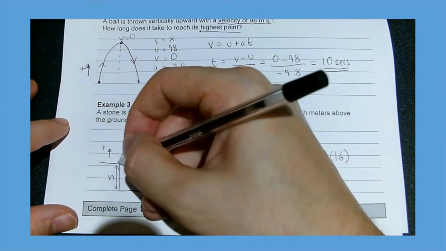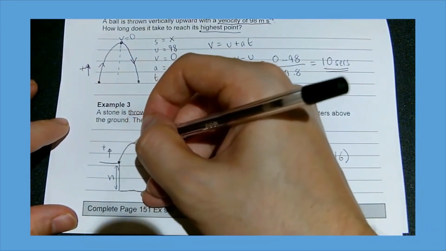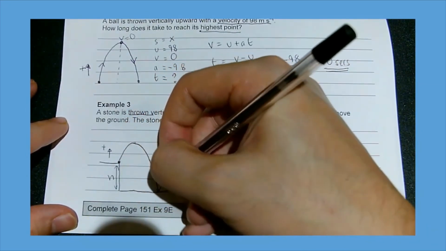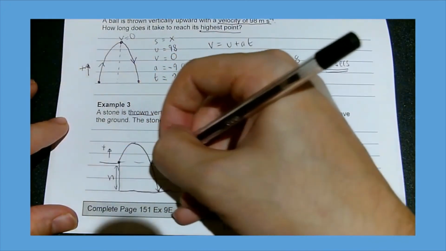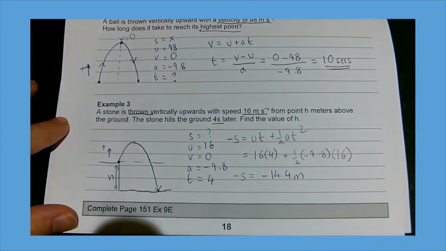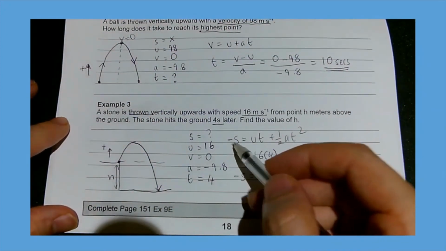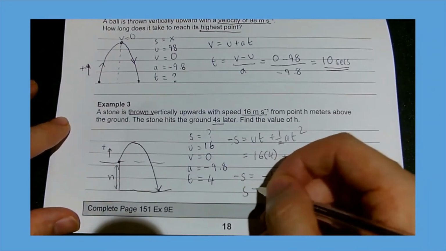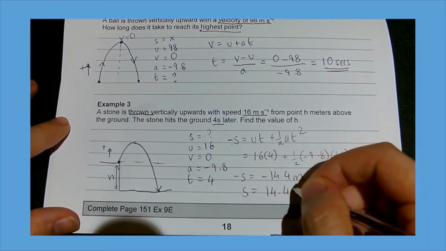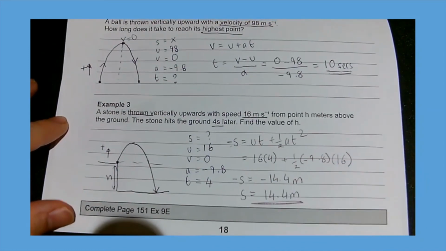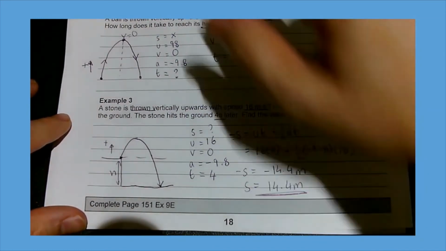From here to there is positive displacement, from there all the way down we have an overall negative displacement from its relative position when it was thrown. So I should have had minus s here and here, which gives me an overall value of 14.4 meters for the height above the ground.